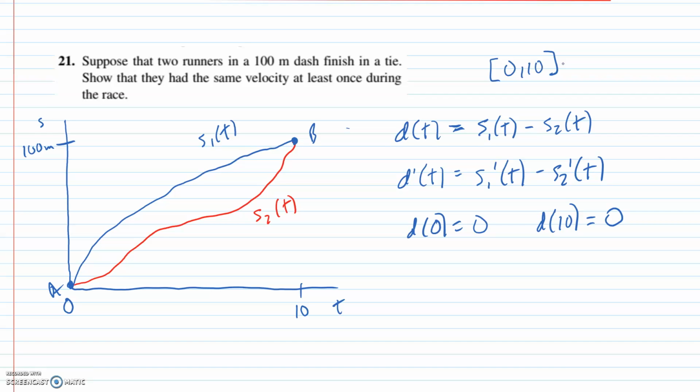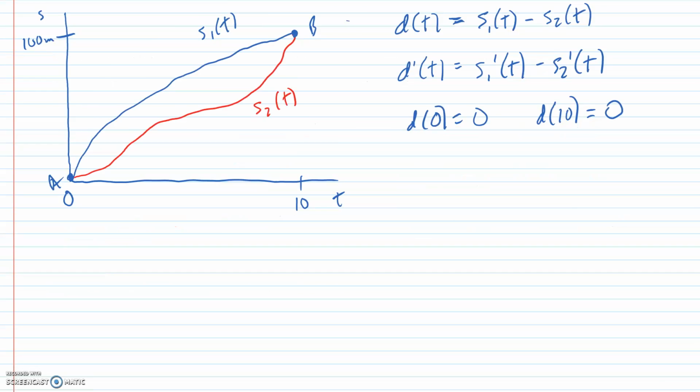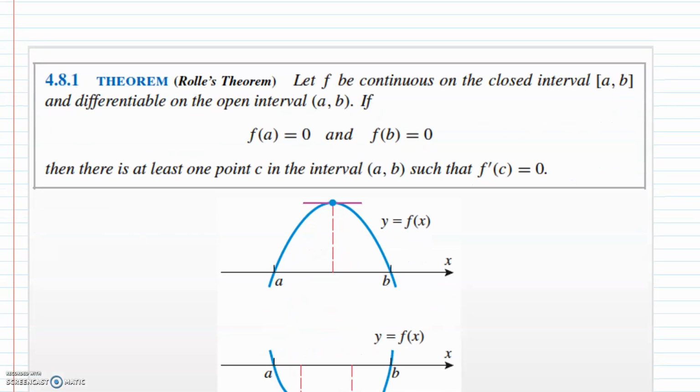So look what we have here. We have a distance function which is differentiable on the open interval from 0 to 10. It's continuous on the closed interval from 0 to 10. And we know that the function values at the endpoints of the interval are both equal to 0. So this may remind you of Rolle's theorem, which we talked about in one of the PowerPoint slides, and there it is right here.